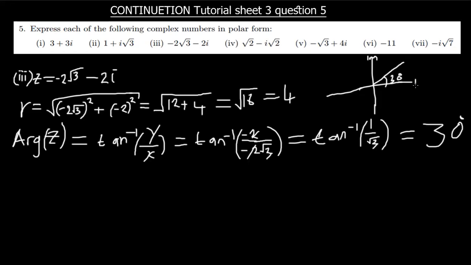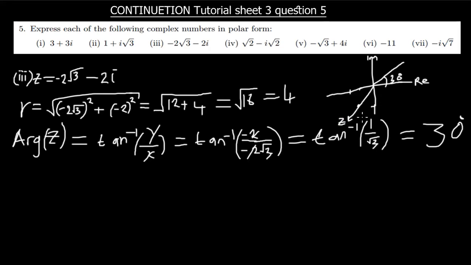Approximately, you get your negative 2 root 3 somewhere there, and then your negative 2 on the imaginary axis somewhere there, and hence your complex number will be something like this. So this is going to be your z.